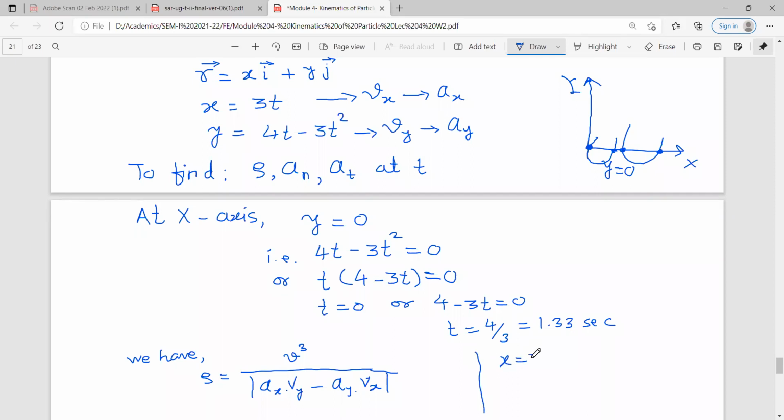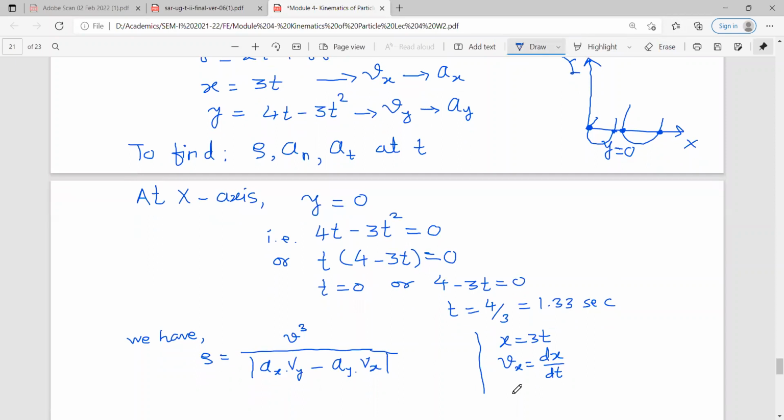The value of x is 3t, and vx is nothing but dx upon dt. What is the value of vy? After velocity you can find acceleration in x direction. Acceleration in x direction is the rate of change of velocity in x direction.